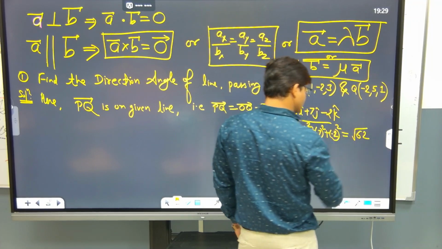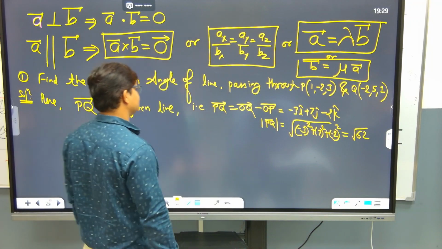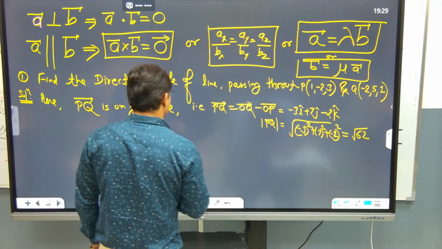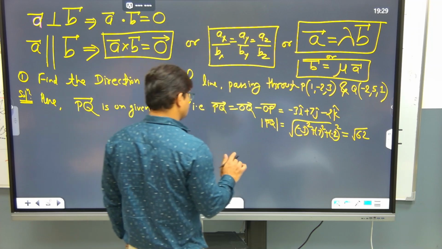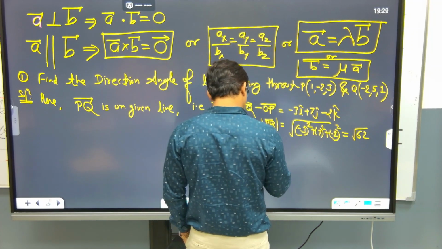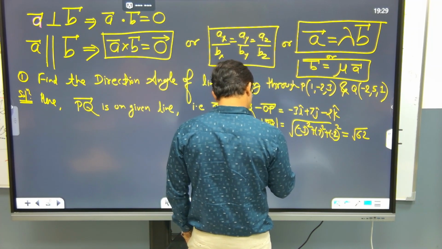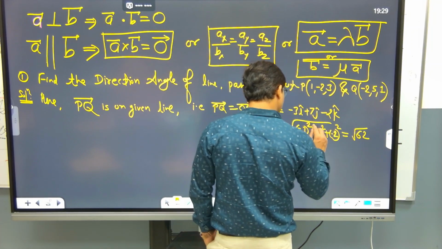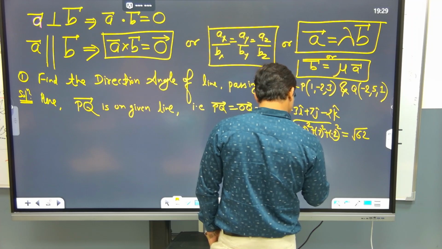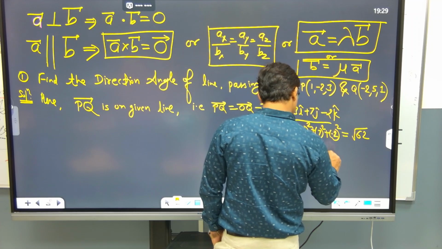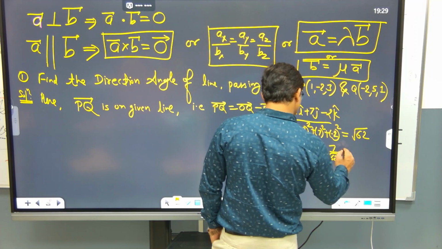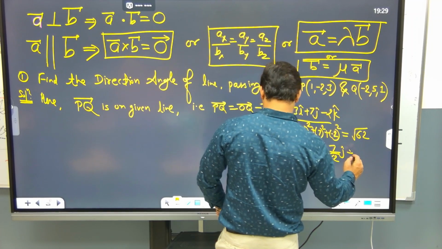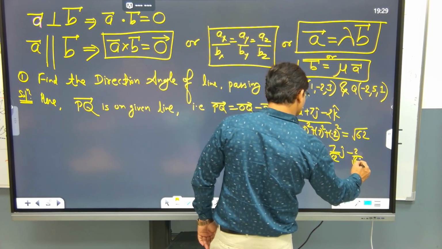So we have the value root 62 now. Now the unit vector is what? That is minus 3 by root 62 i, plus 7 by root 62 j, minus 2 by root 62 k.